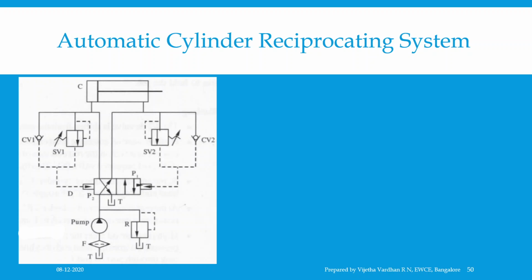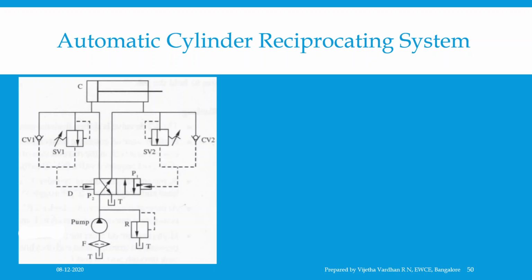This consists of two sequence valves SV1 and SV2 in parallel with two check valves CV1 and CV2 respectively, both connected to a hydraulically operated 4 by 2 pilot operated direction control valve, which shows the circuit diagram.